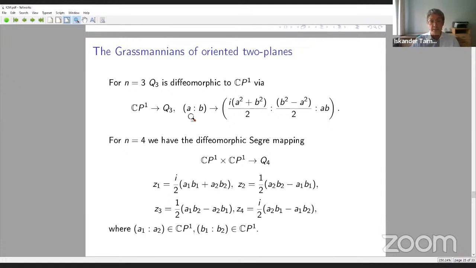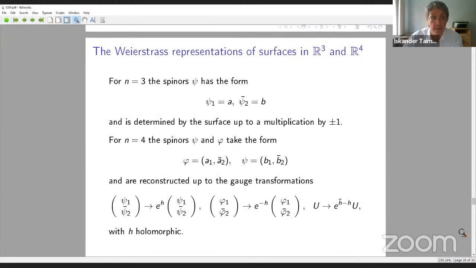For other dimensions, this Grassmannian doesn't have such a good rational parameterization. So these are special cases of dimensions 3 and 4 when we can parameterize the Grassmannian by a rational curve and by the points from the square of the rational curve CP^1. This is exactly the form of the spinors which I mentioned above.